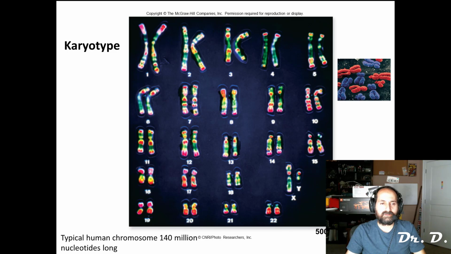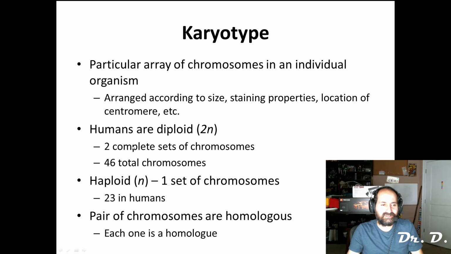So, before I forget, sometimes I forget to point this out, the name for that is called diploid. Humans are diploid. Another way of denoting diploid is 2n. What does that mean? You have 2 complete sets of chromosomes for 46 total chromosomes.